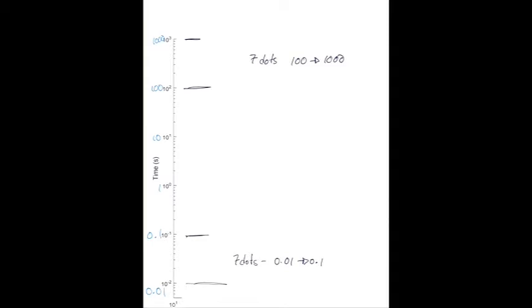So for every place value, we're going to give it the same amount of space. All right, so from a 100th to a 10th gets the space. From a 10th to 1 gets the same amount of space. The next place value, from 1 to 10, same amount of space.